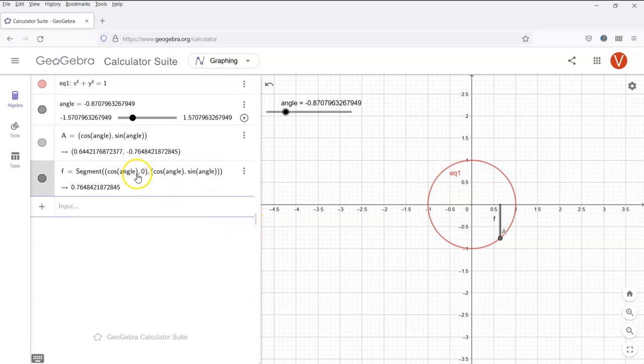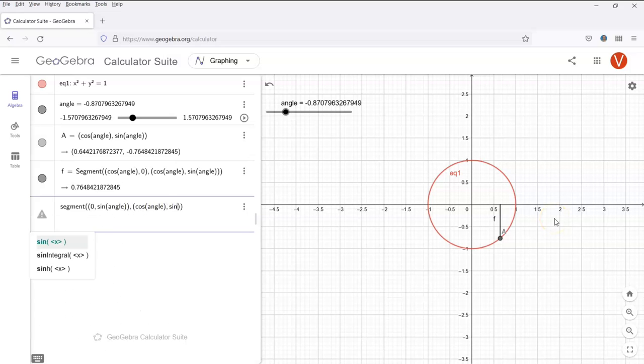Cos of the angle comma 0, that is one point. Cos of the angle comma sine angle is the other point, and the segment will join these 2 points. Okay, similarly segment 0 comma sine of that angle to cos of that angle comma sine of that angle.